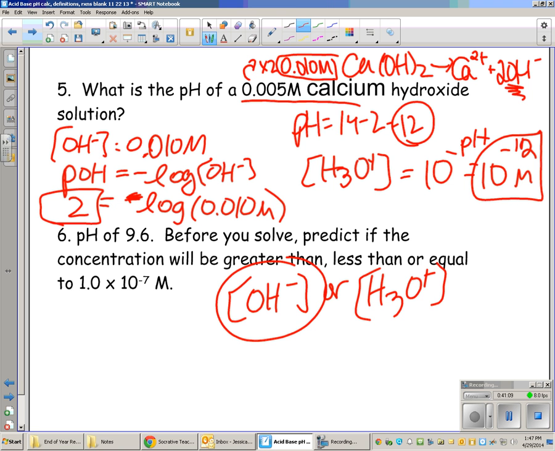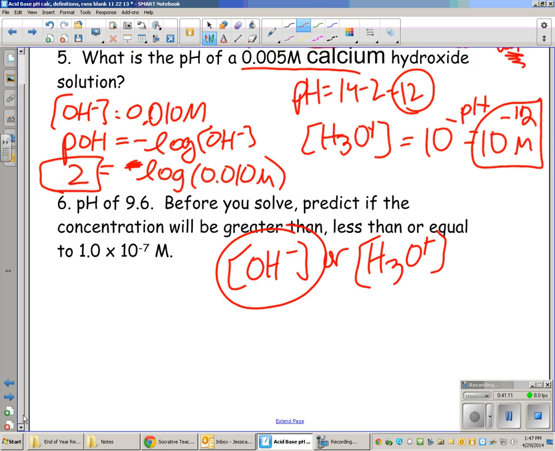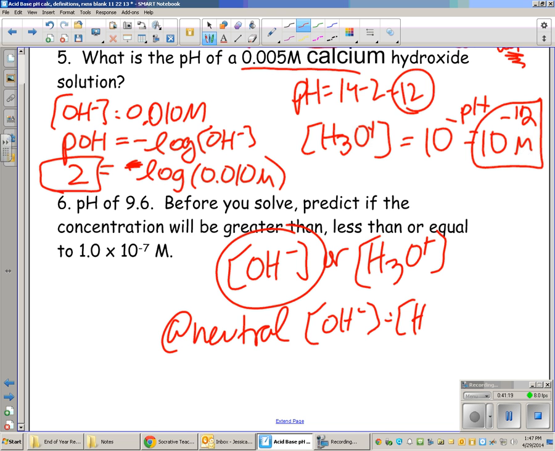At neutral, these have equal concentrations. That makes sense, because it's neutral, nobody's winning. It's neither basic nor acidic. So at neutral, these both equal the same exact number, 1.00 times 10 to the negative 7th. Write that point down: at neutral, both of those equal 1.0 times 10 to the negative 7th molar.